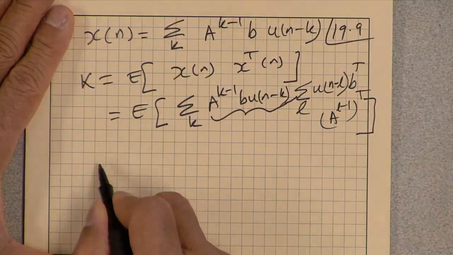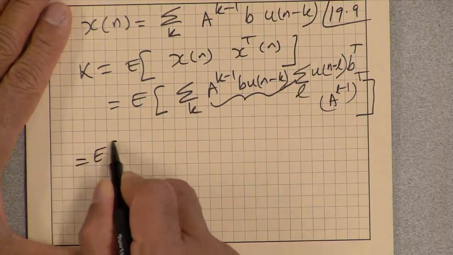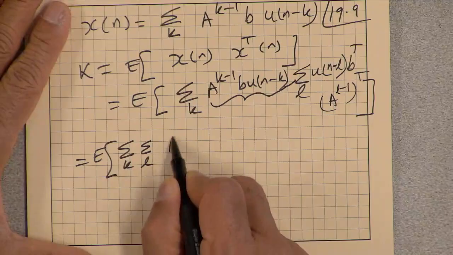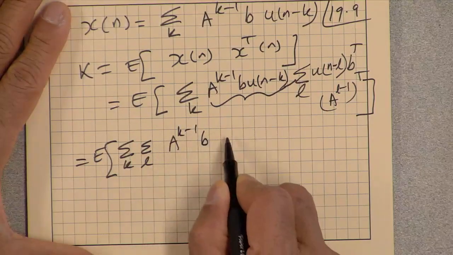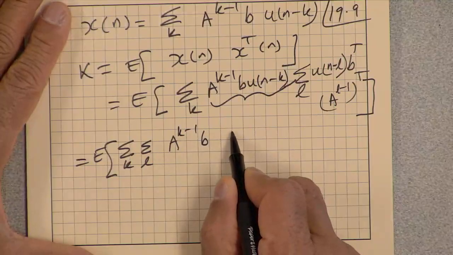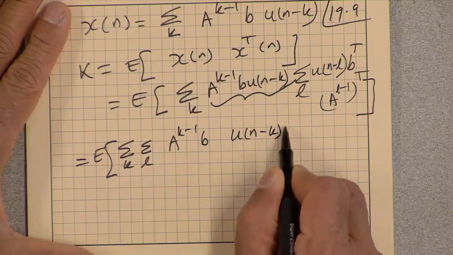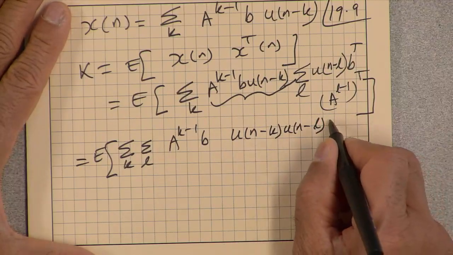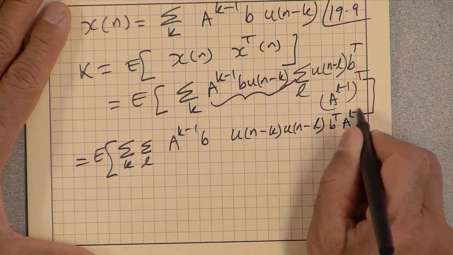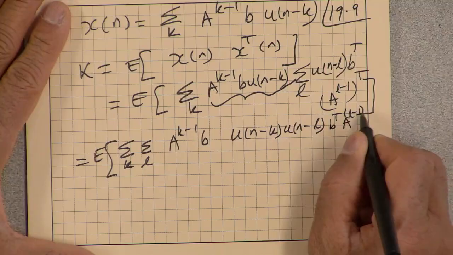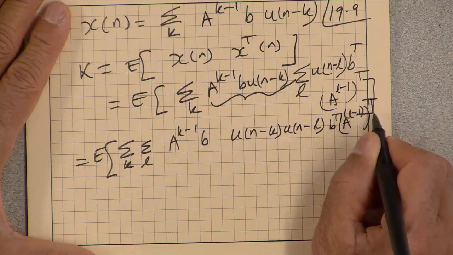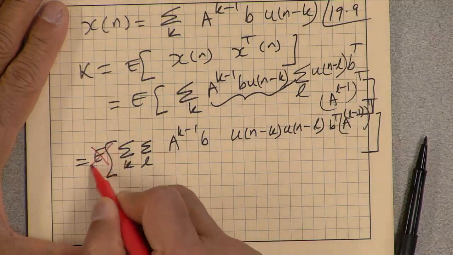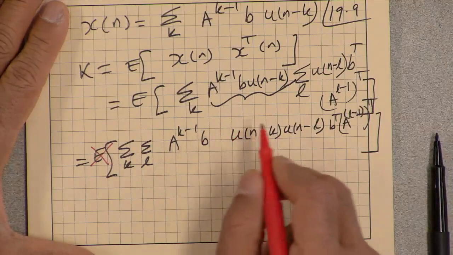And then I can write that as the expected value of the double sum over k and l of A^{k-1} B u_{n-k} u_{n-l} B transpose (A^{l-1}) transpose. Then, with the double sum, we take the expectation from outside the sum to inside the sum.